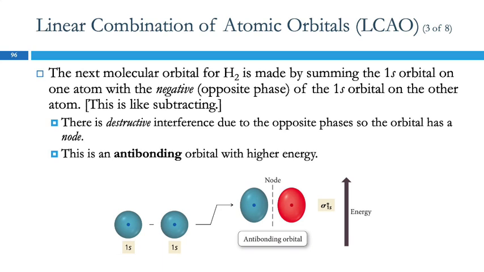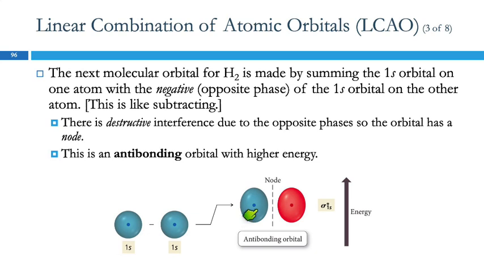The next molecular orbital is where we sum the two 1s orbitals when they are out of phase. So you can think of this as adding them together when they're out of phase. It's the same as subtracting, right? So if this one is out of phase with that one, and we add them together, we're going to get negative, destructive interference.